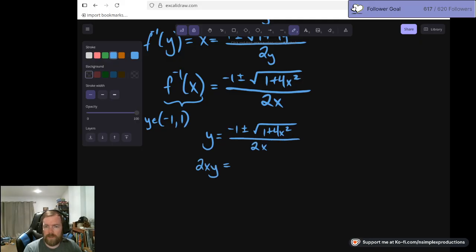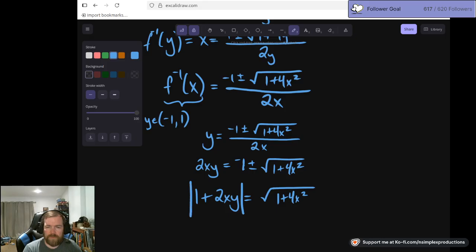This is where that came from. -1 plus or minus square root 1 plus 4x squared. This would have been 1 plus 2xy is equal to the square root of 1 plus 4x squared, absolute value on the other side.